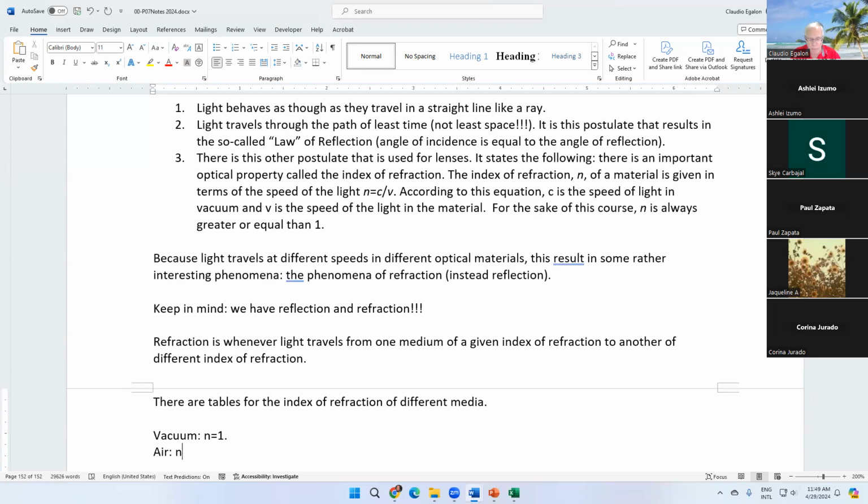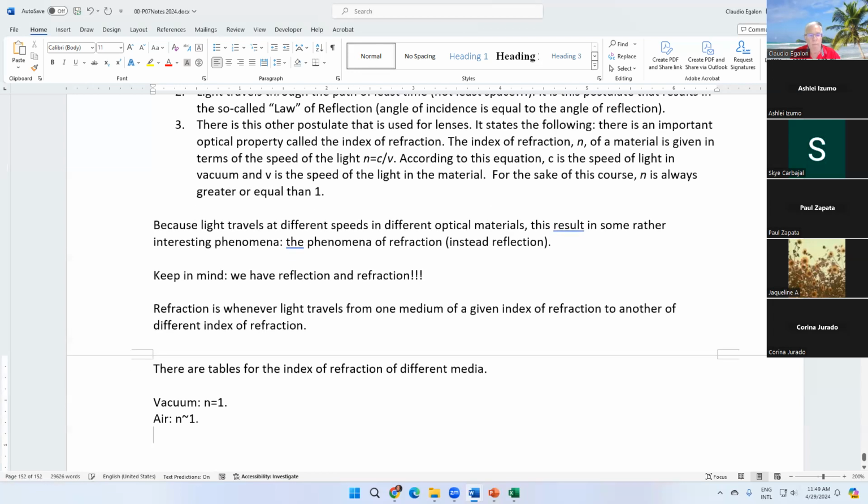The index of refraction of air is approximately 1, very close to 1. It's slightly larger, but for the sake of this course, you can use it as being 1. For water, n is approximately 1.33.